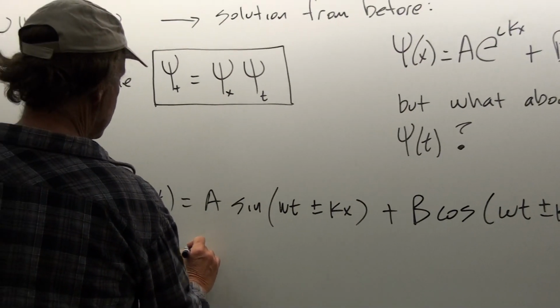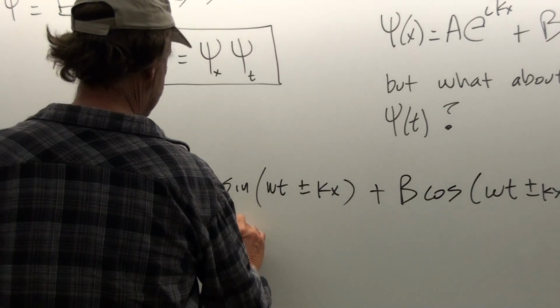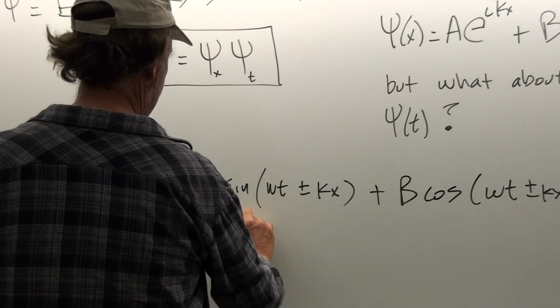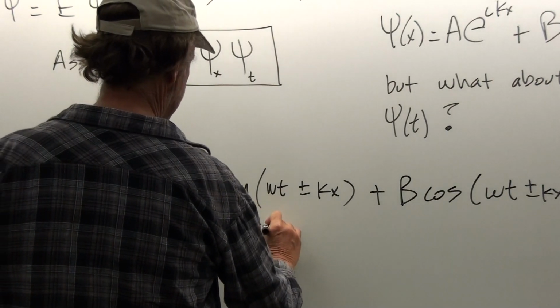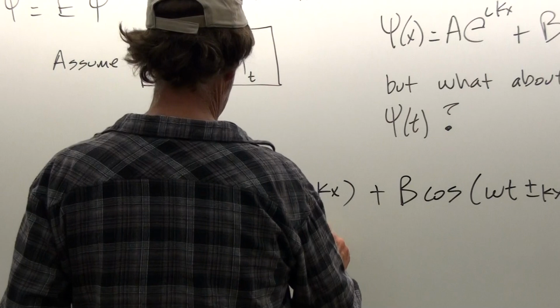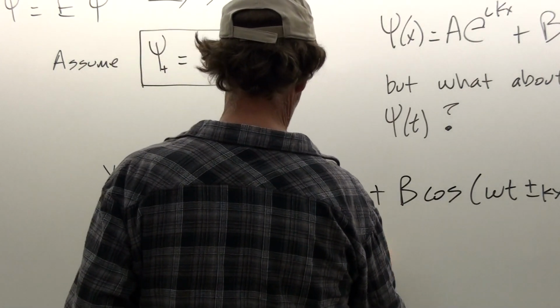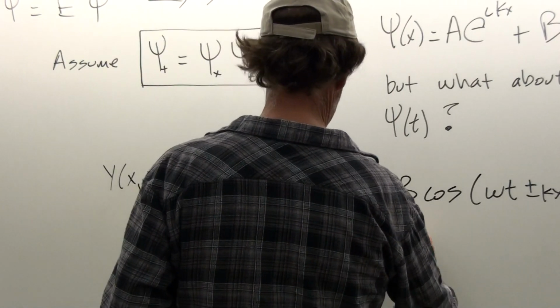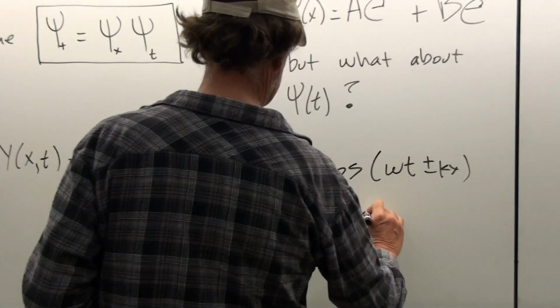But we could rewrite this as some other A times e to the i times omega t minus kx plus B prime e to the i times omega t plus kx.